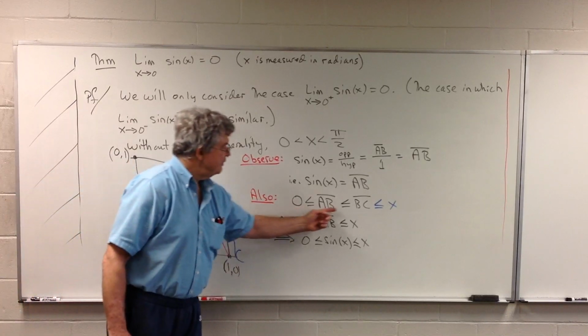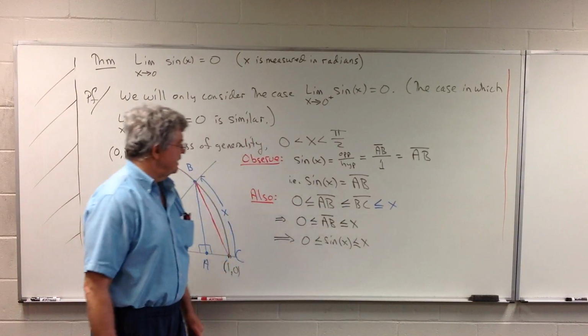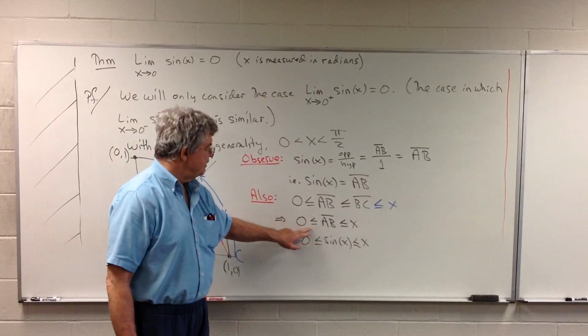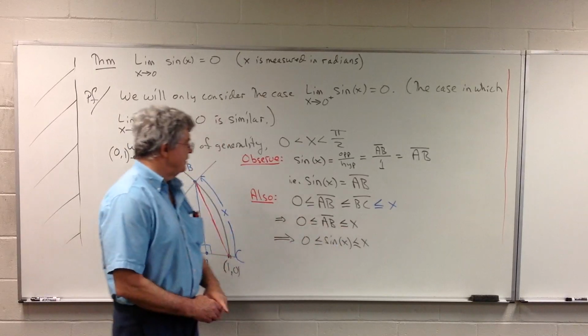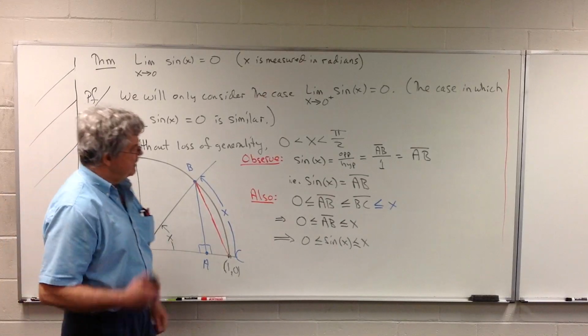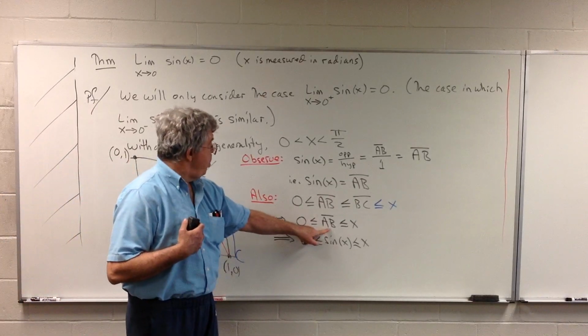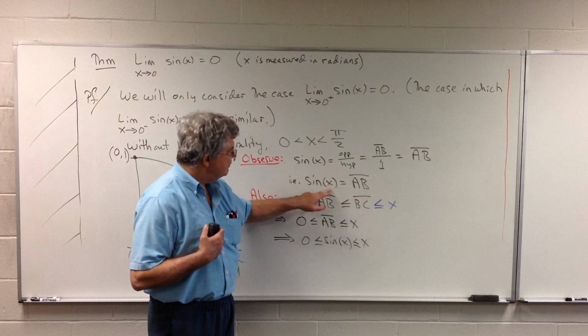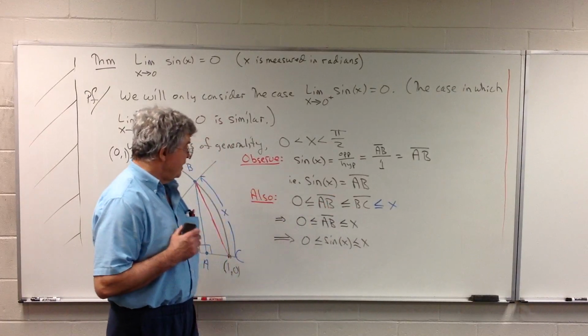Now, of all of this stuff in this inequality, what am I interested in? The fact that AB is greater than or equal to 0 and less than or equal to x. And I'm interested in that because the measure of line segment AB is the same as sine of x.